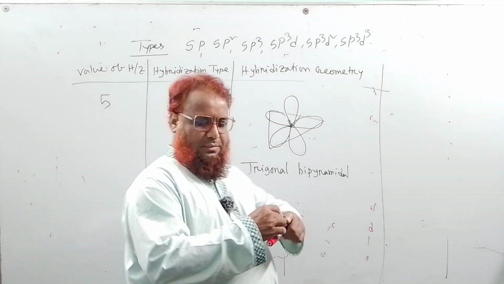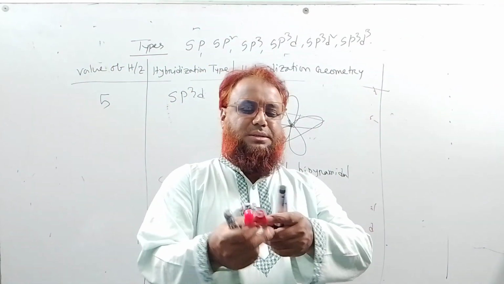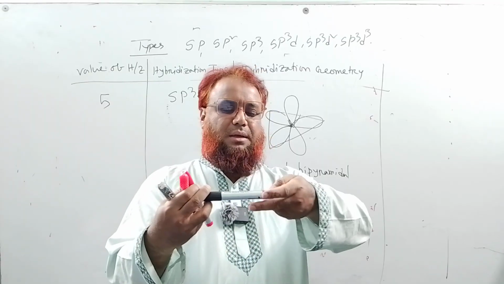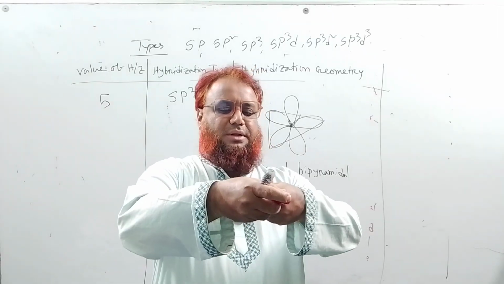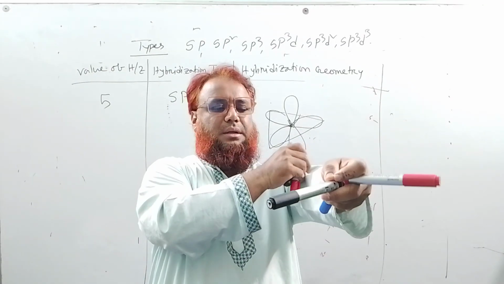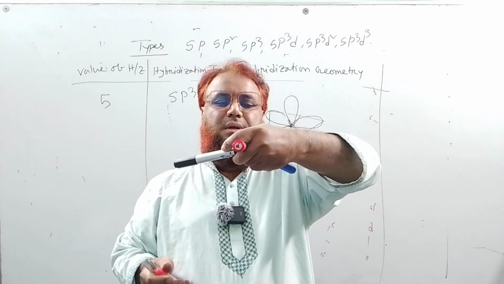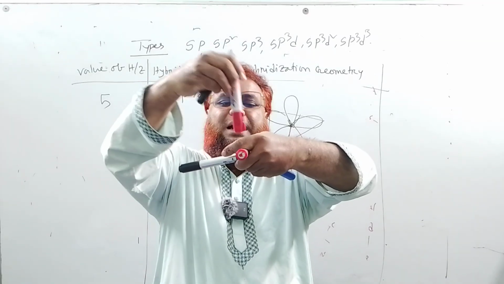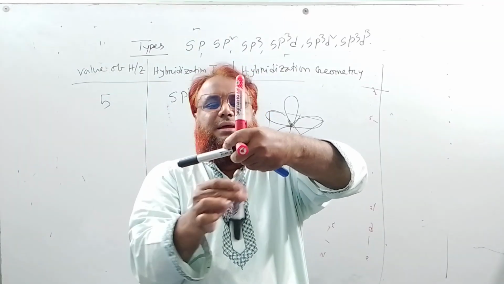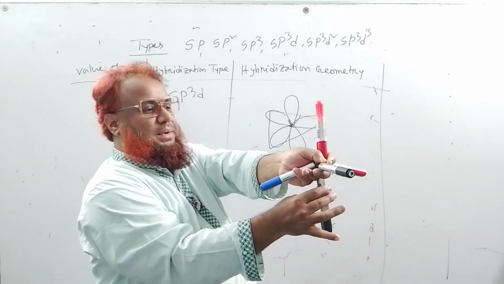Look at here. Trigonal bipyramidal shape. Look at me, students. Like this. This is the trigonal shape. It means the 3 hybrid orbitals are present in the same plane, and here 4 and here 5. So, trigonal bipyramidal.